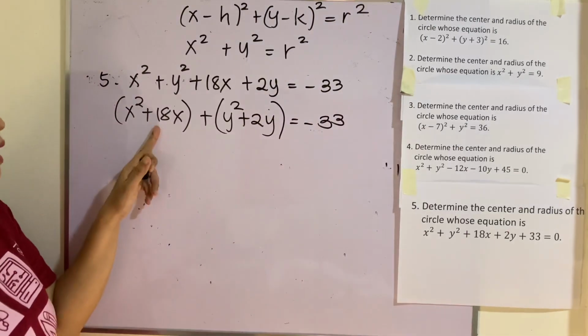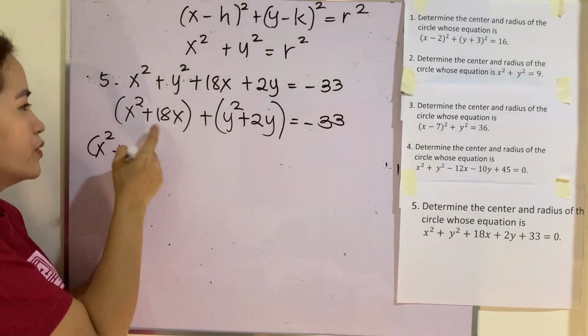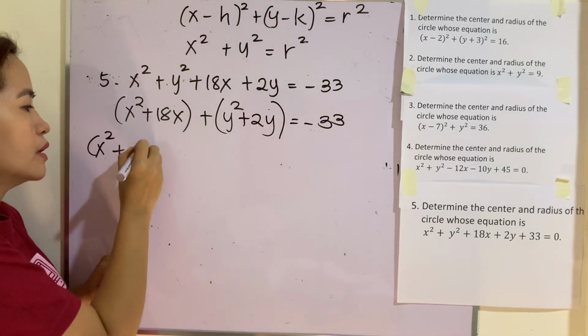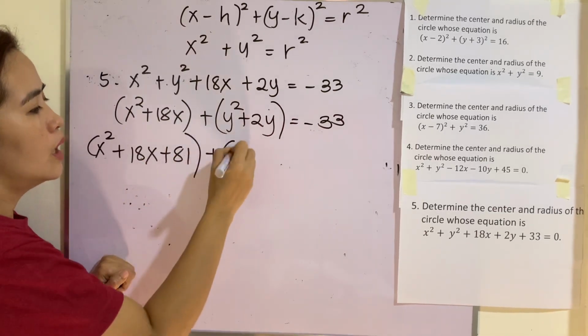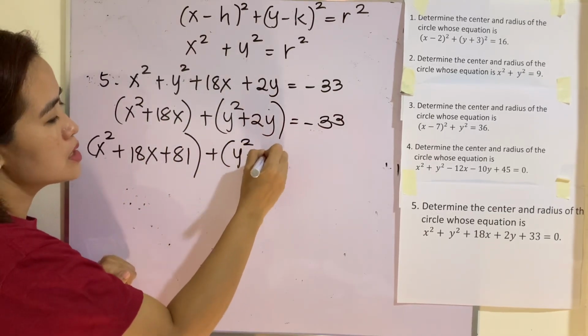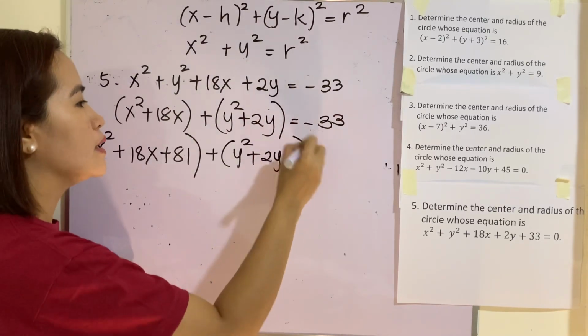Next, we need to make this a PST by getting half of this. Half of this is 9, and then you square it. That will be 81. 9 squared is 81. y squared plus 2y, half of it is 1, squared is 1.